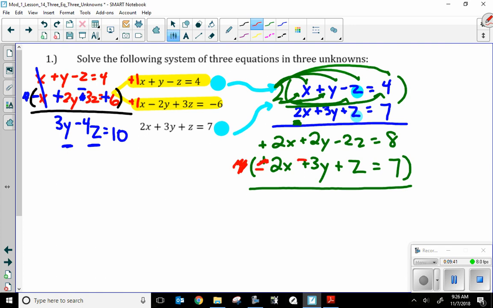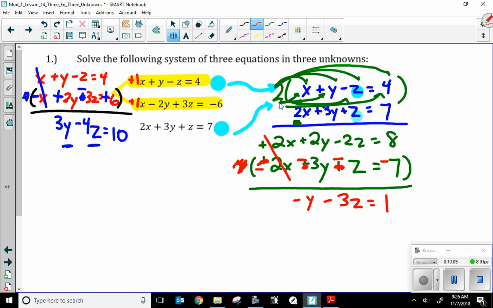This becomes negative. This becomes negative. And this becomes negative. I flip every single sign. Now I can combine them. My positive 2x and negative 2x, gone. 2y minus 3y would be negative 1y. Minus 2z and minus 1z is minus 3z equals 8 minus 7 is 1.